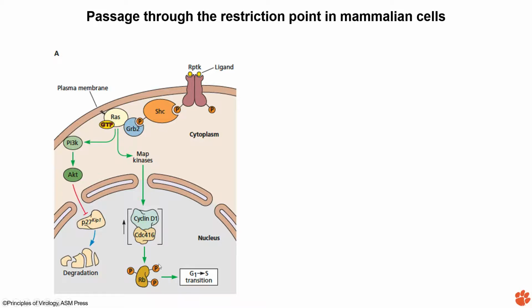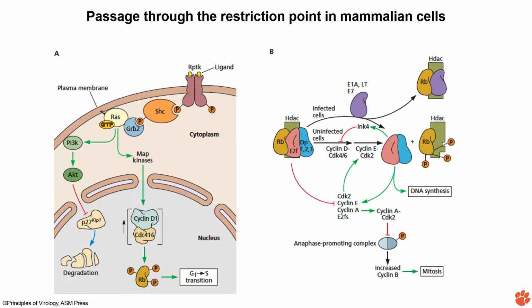So this is a cyclin, and this is a cyclin-dependent kinase, CDK4 or CDK6. Once these are activated, since it's a kinase, it phosphorylates the RB. If the RB is phosphorylated, it is now inactivated. Now the cell can basically divide. And we are going to look at the mechanism of how this happens.